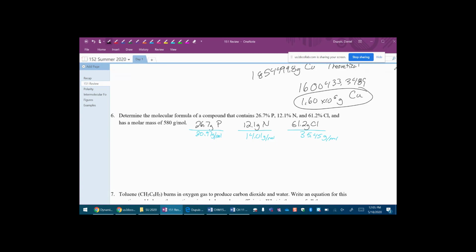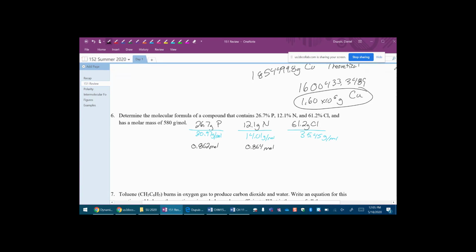26.7 divided by 30.97, I get 0.862. 12.1 divided by 14.01, I get 0.864, which will be the same number.